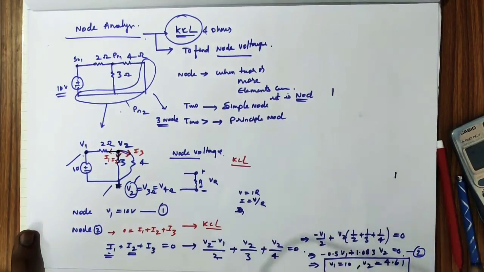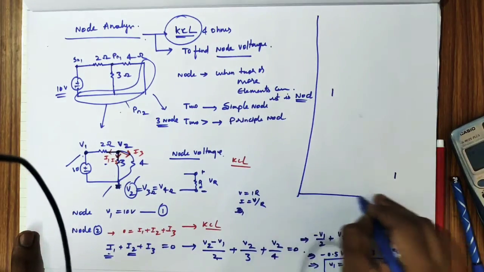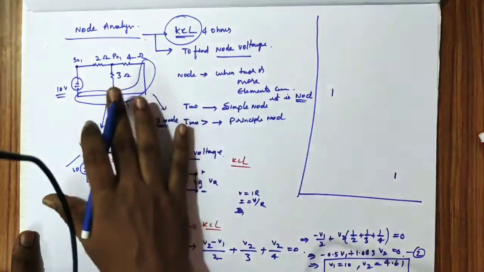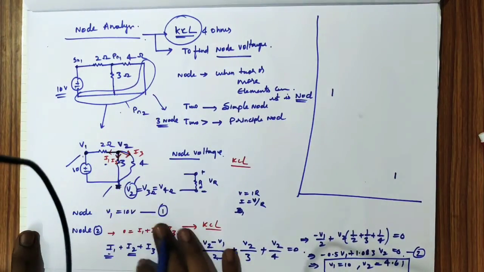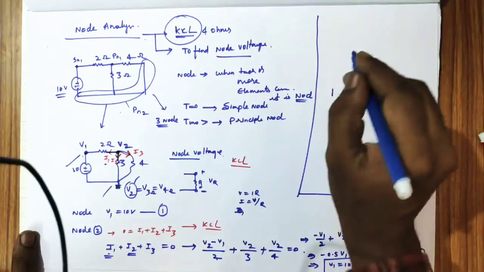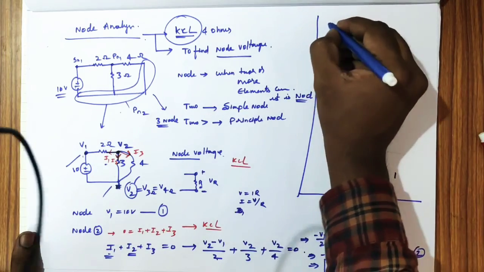And in this nodal analysis, one main thing I want to share here is a method for small circuits, and for a big circuit you can follow this method too.